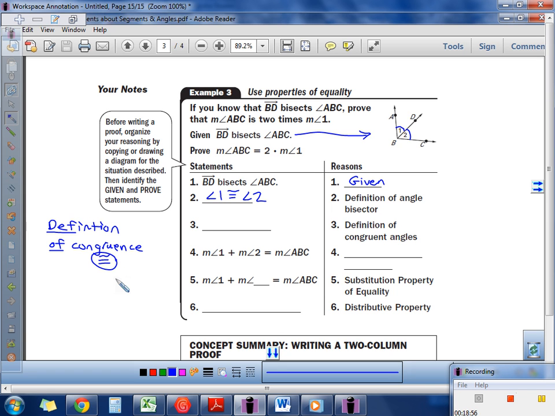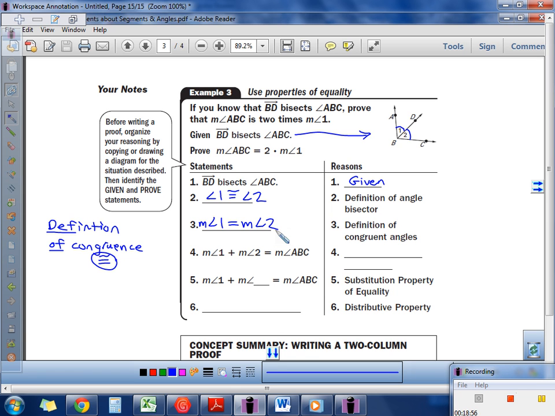What it does is it takes a congruent symbol and changes it to an equal symbol. But remember, when you say equals, you need to put the little m. Measure of angle, measure of angle. That's all the definition of congruence does. Changes from a congruence to an equals or vice versa. The same thing can be done for segments. We still just call it definition of congruence.